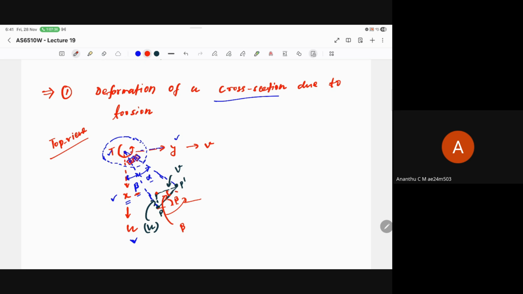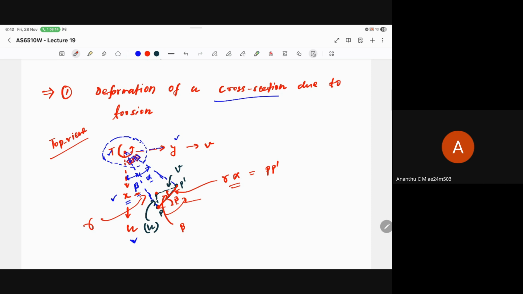If the distance from here to here is your distance r, then considering the small alpha angle, the distance from P to P prime is r alpha.